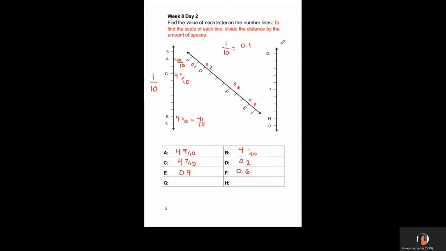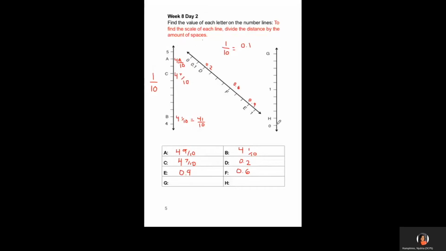All right, let's look at our vertical line here. The distance here is, let's see, well, this one is a little tricky because the letter here doesn't have a value. So we need to figure out what G is first to find our distance. So let's look at the amount of spaces between 0 and 1 first.